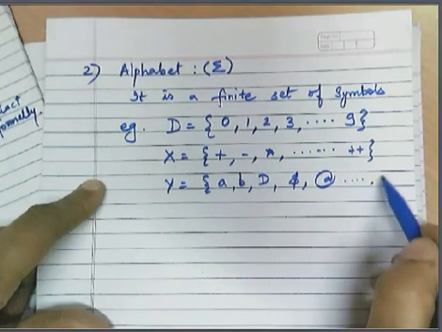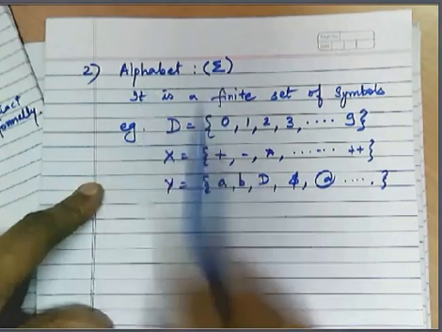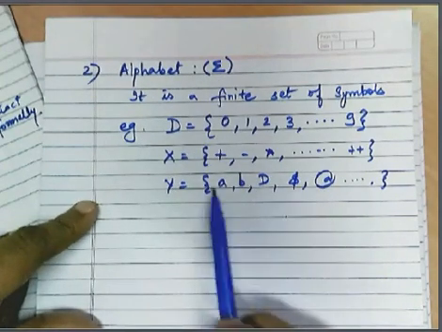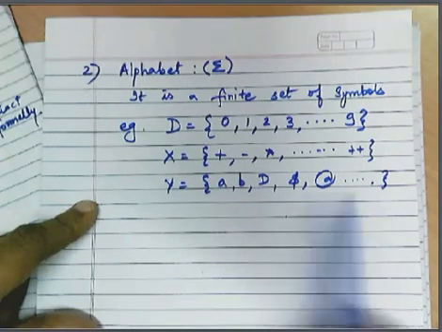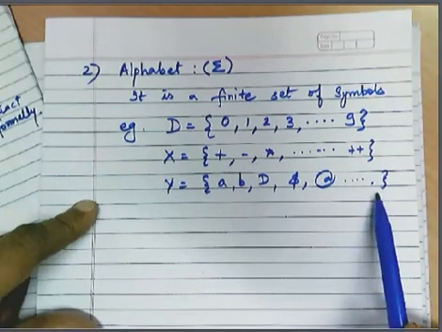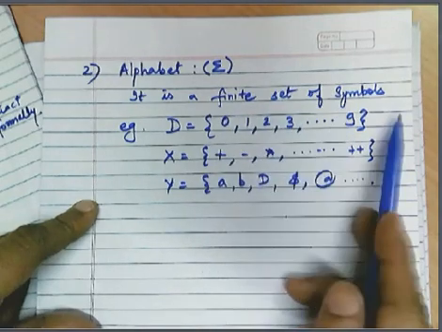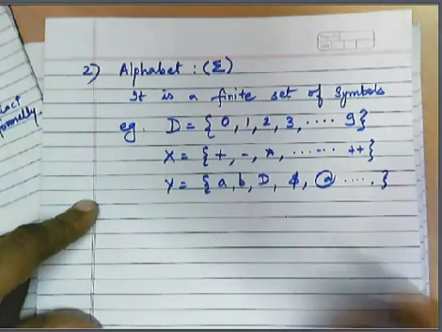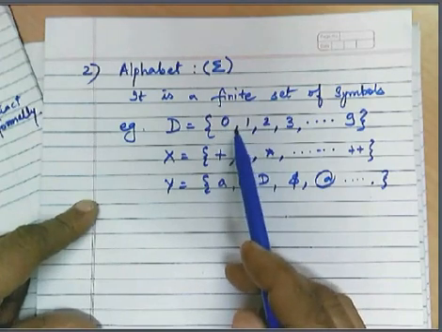This is my own way to define an alphabet for a language, and it is the concern of the language designer which symbols they want to include. I hope this is clear. So an alphabet is a finite set of symbols, and symbols are the entities.